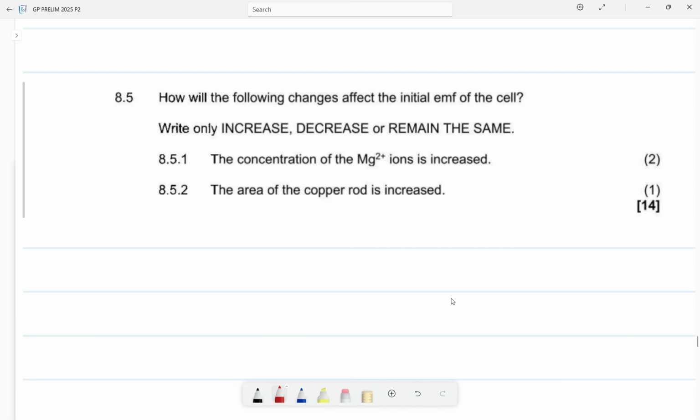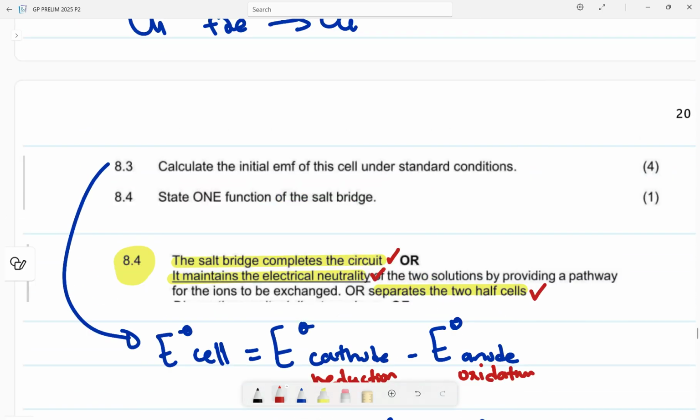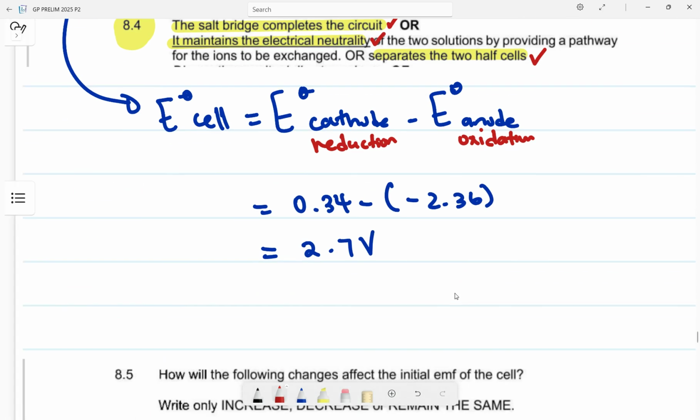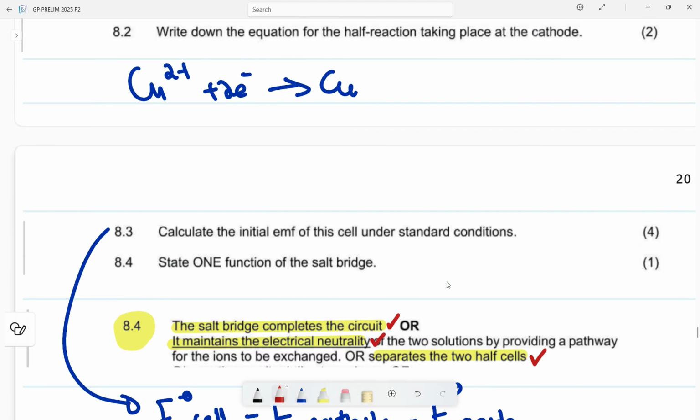How will the following change affect the initial EMF? Write only increase, decrease, or remain the same. The concentration of Mg2+ is increased. Well, on this one, you will need the net ionic charge.